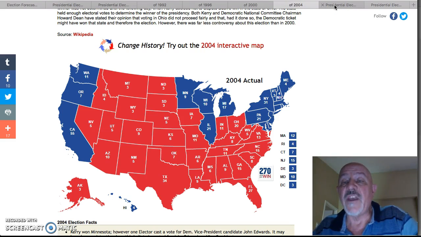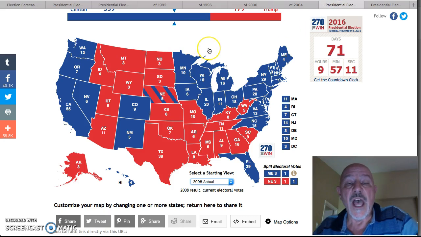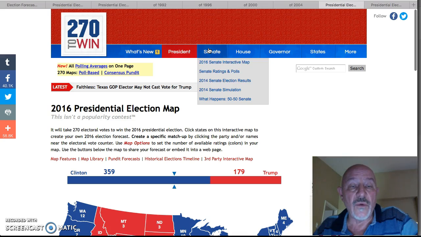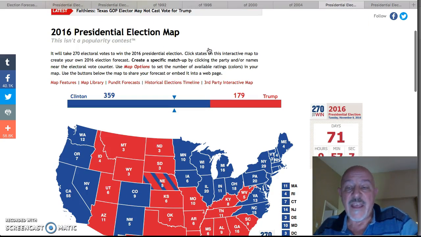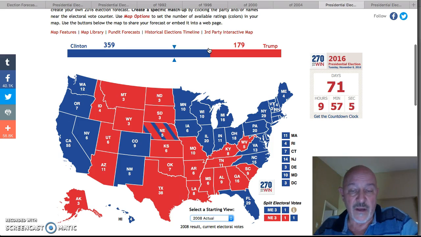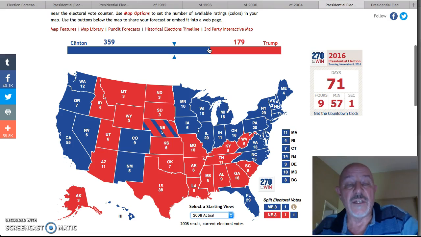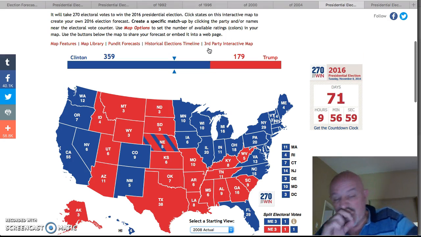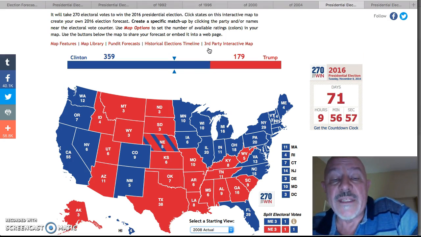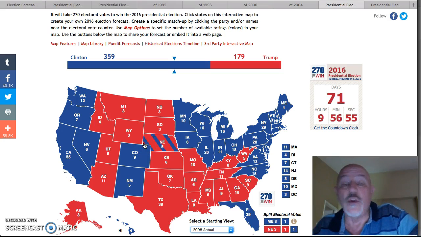In the Obama era, let's see, the way this map is put together, I don't think it's going to show us the popular vote, just the electoral vote. So with it, Obama was able to break through some of the barriers that the Republicans had previously had. He was able to pick up 2 southern states, Virginia and North Carolina.